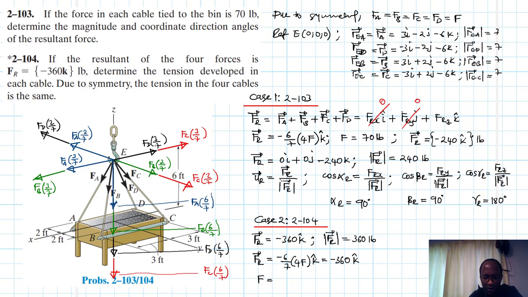You'll have minus and minus cancel out, and this is just going to be equal to 360 divided by 24 divided by 7. So this gives us 105. We've just made F subject of the formula, so this is just 105 pounds.